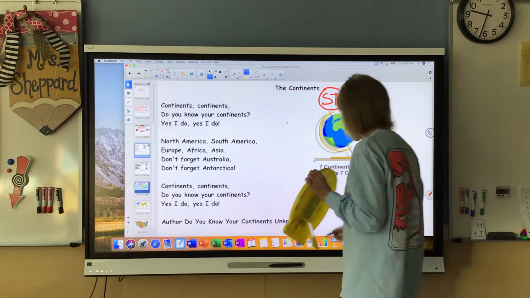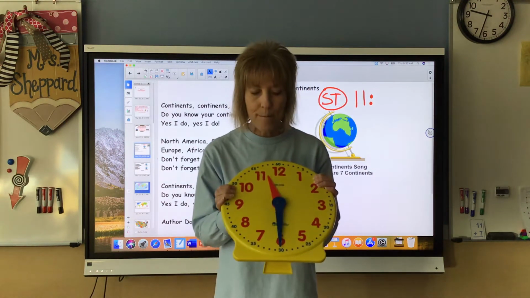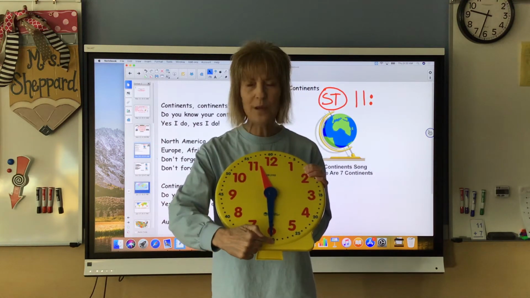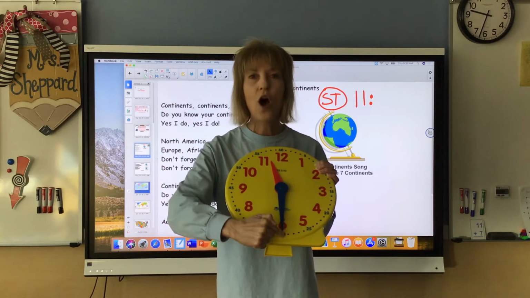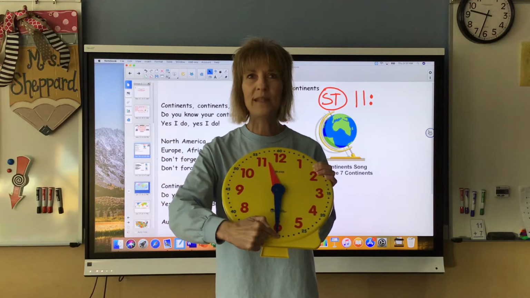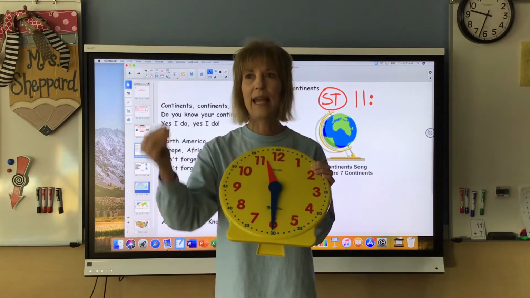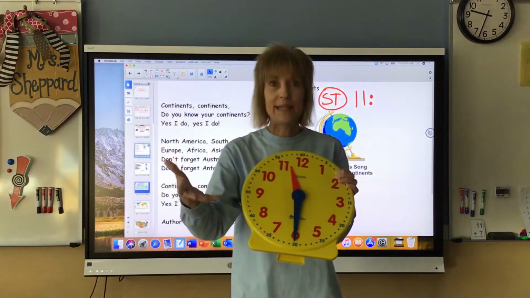I'm going to put my colon to separate my hour from my minutes. I notice as a mathematician, my longhand is straight on the 6. And if my longhand is straight on the 6, it's not 11:06 like it might seem it should be.